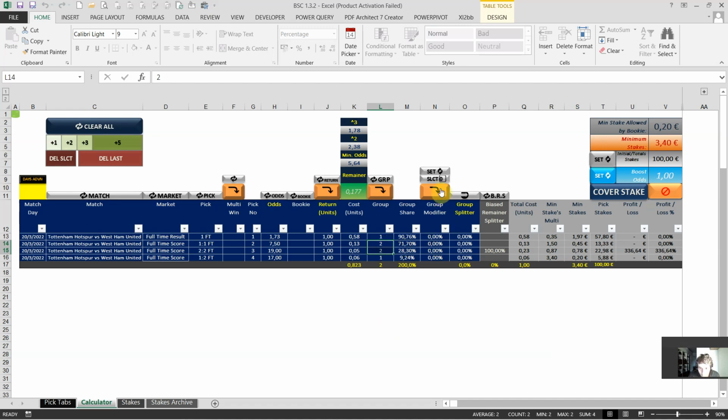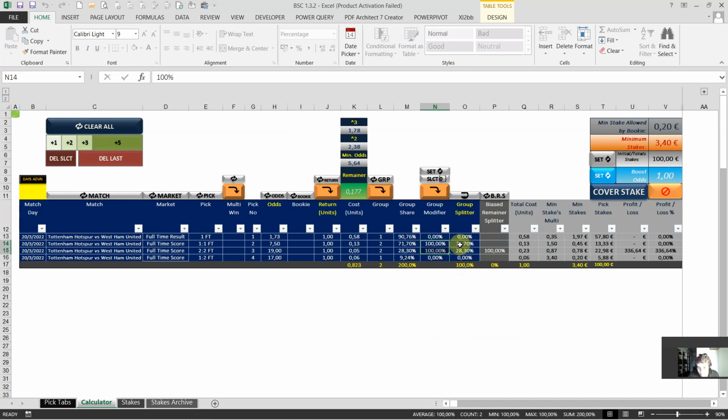I have to move on to the group modifier, and again I click on the downward arrow. Again the corresponding cells are selected, and now I have to decide how much of my remainder I'm willing to invest on this group. Again, let's go with the 100% choice. So I'm transferring 100% of my remainder to this group, which consists of the two specific scorelines.